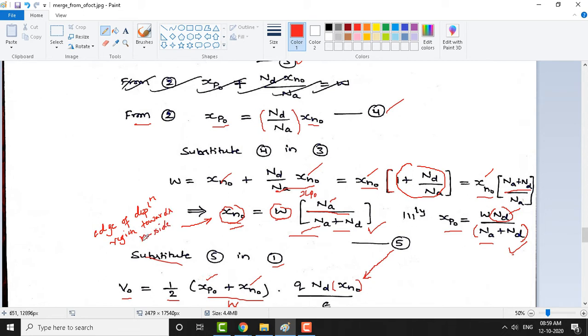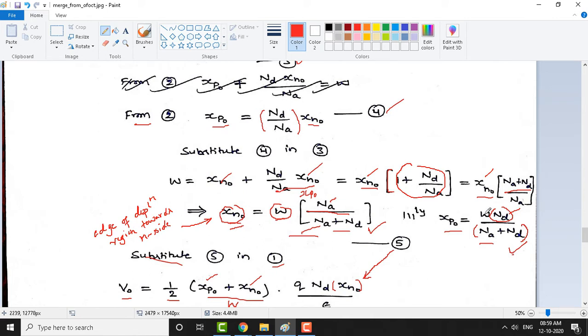So this is the mathematical equation for the edge of the depletion region towards the n side in terms of the total depletion width, where Na is the acceptor ion concentration and Nd is the donor ion concentration. This equation can be written along similar lines for xp naught also.